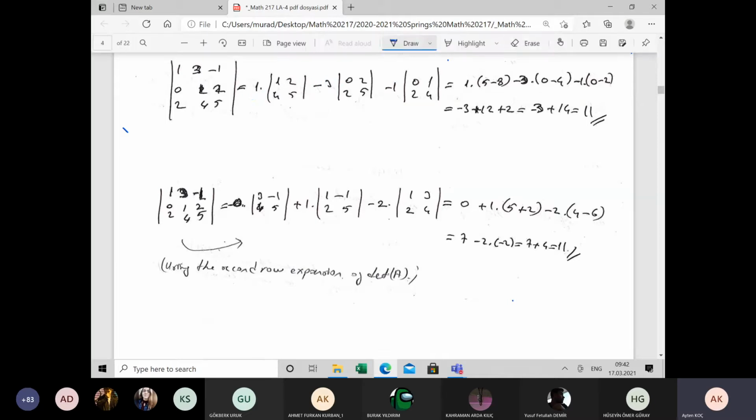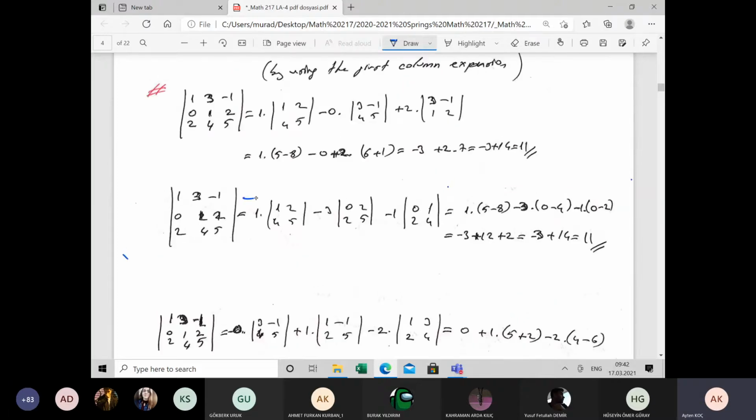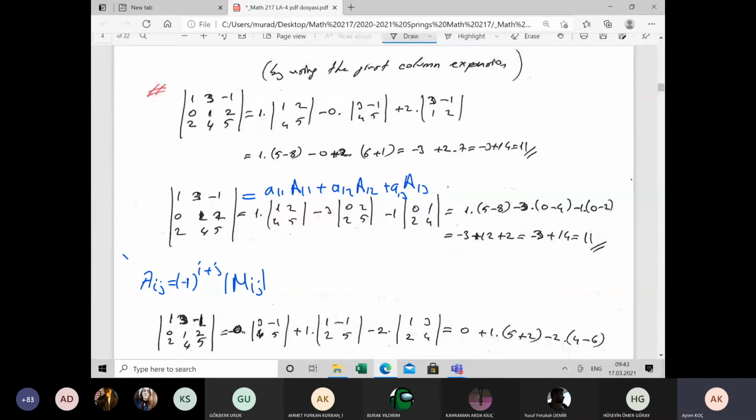We know that this is a sub 1 1 plus a sub 1 2 plus a sub 1 3 for the first row expansion, and we know that it is minus 1 to the i plus j times the determinant of the minor. So the first row entry is 1, and the sign of the position is minus 1 to the 1 plus 1, which is plus. So plus entry 1 times the determinant of the minor, this one 1 2 4 5.